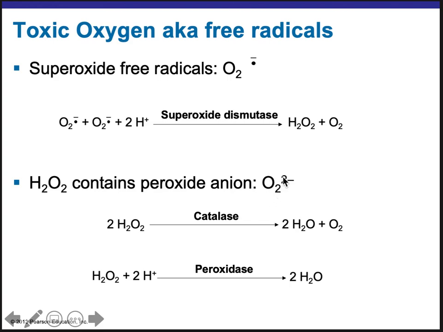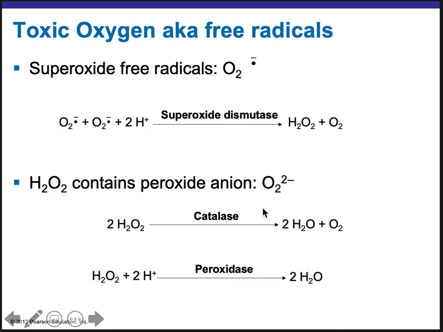And that's reactive enough to cause damage as well. So we need another enzyme, such as catalase or peroxidase, to deal with the hydrogen peroxide that's being made from the superoxide dismutase. Both of these break the hydrogen peroxide down into water.